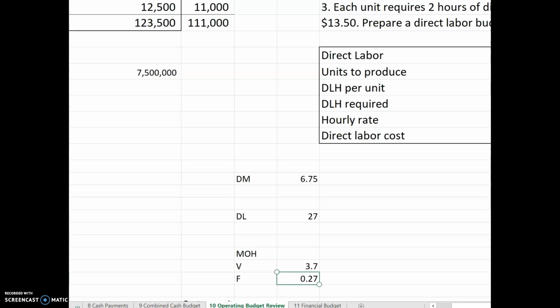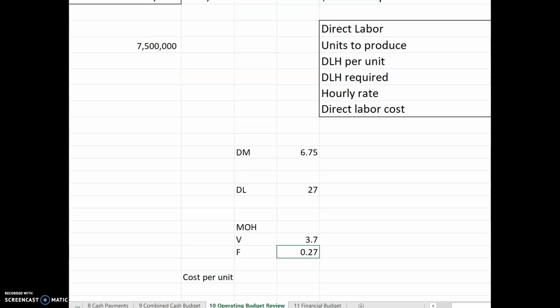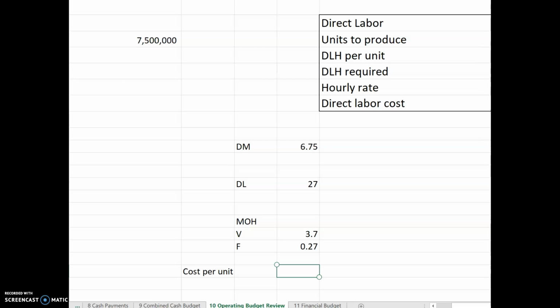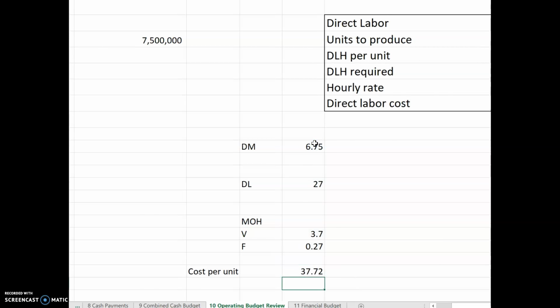All right, so the total cost per unit is going to be the sum of all the manufacturing costs: $37.72 per unit.